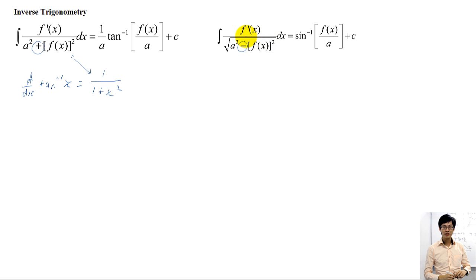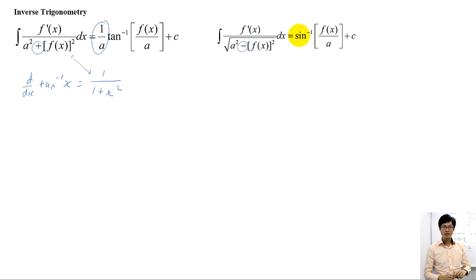So when you integrate f prime x over square root a square minus fx square, the answer will be sine inverse fx over a. You take this divided by this. Can you spot another difference, other than the minus sign and the square root? The third difference is this 1 over a in front. There's 1 over a for tangent inverse, but for sine inverse, there's no 1 over a.